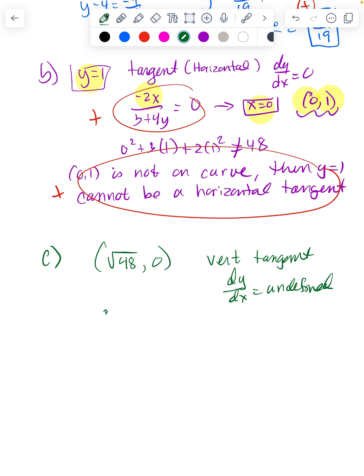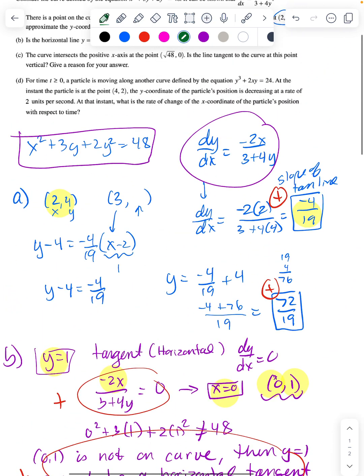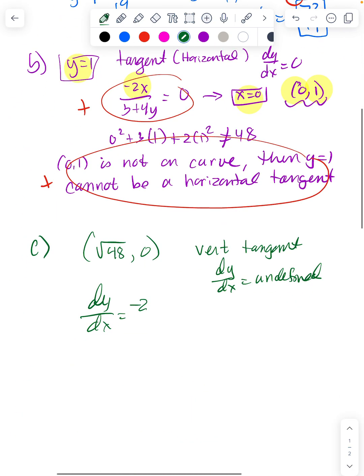So I'm going to find my dy dx equation from up above, and I'm going to put in what I have for an x. So I have negative 2x from up in this business right here. And where the x was, I'm going to put my root 48, which is an unpleasant number, but it doesn't really matter. On the bottom, I'm going to have 3 plus 4y, and my y is 0.